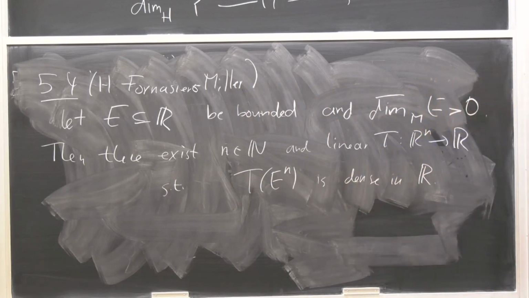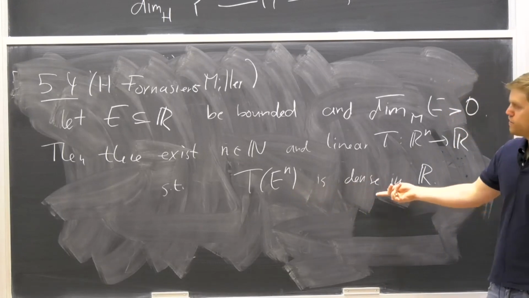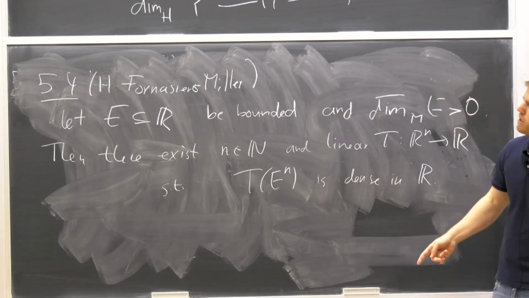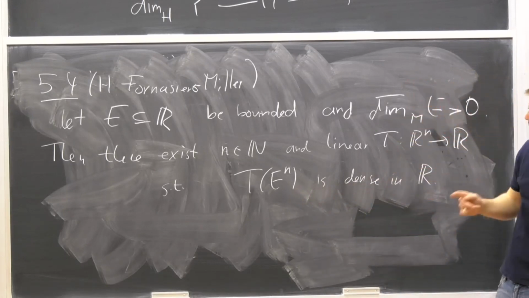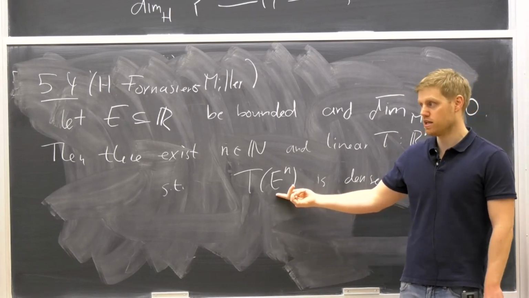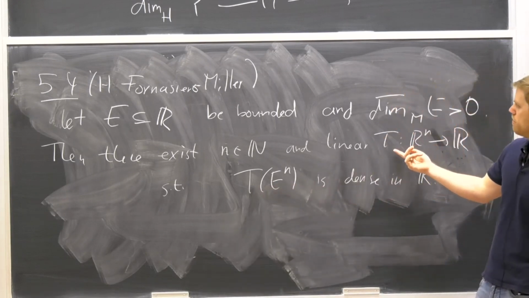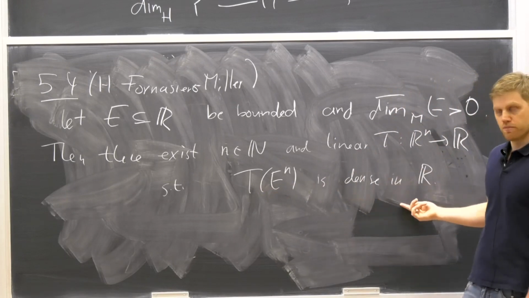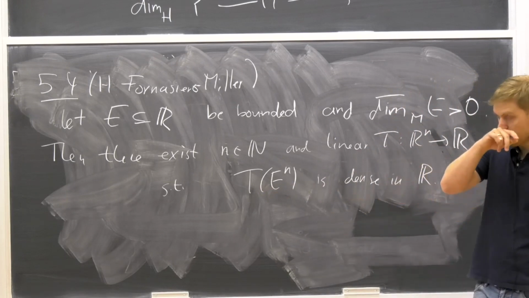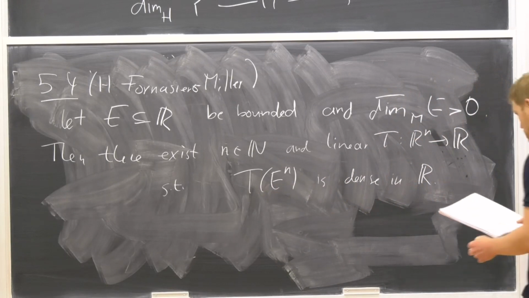So it would be great, similar to Hausdorff dimension, if we could get this kind of linear map such that if you apply it to a power of E, you get interior, or at least that you're dense. But as I tried to point out with this projection, the only thing we really get is that the Minkowski dimension gets larger and larger. We're really not aware of any linear function that gives you something like this. However, we're working over the field, so we really have polynomials that we can use, and particularly division.